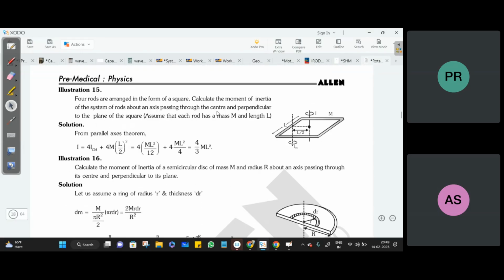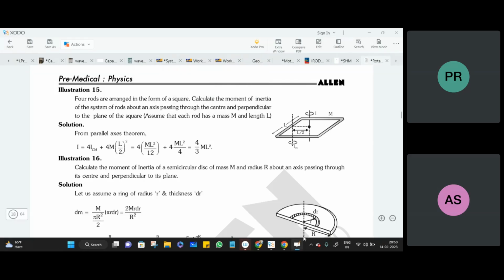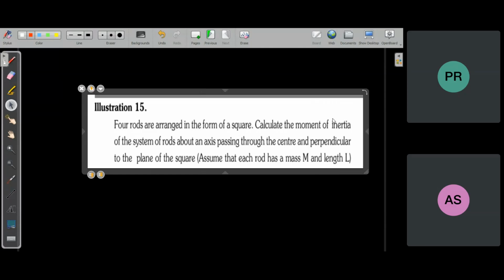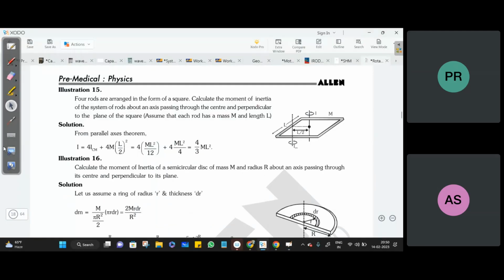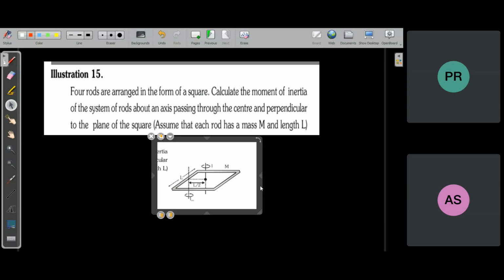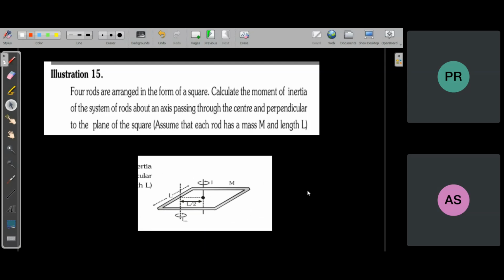Okay. Now you can try this question. Try this one. Do it fast.